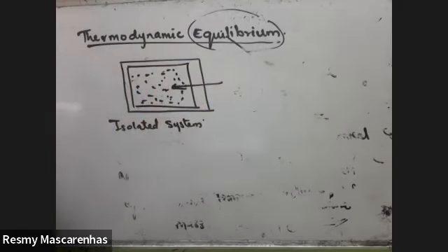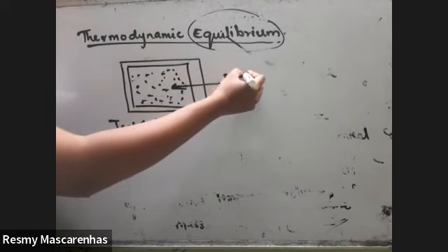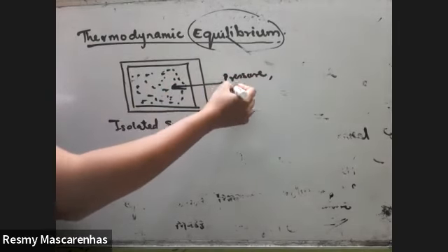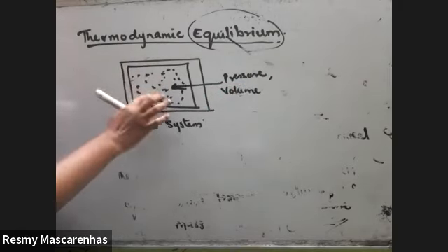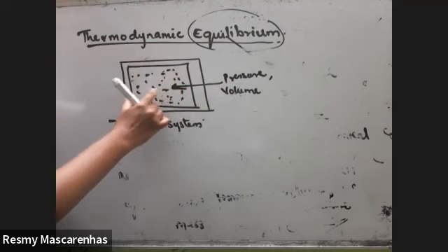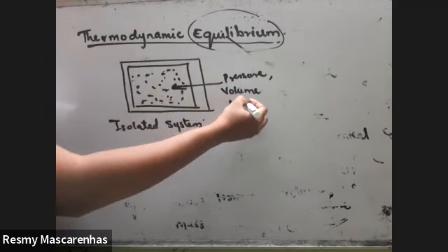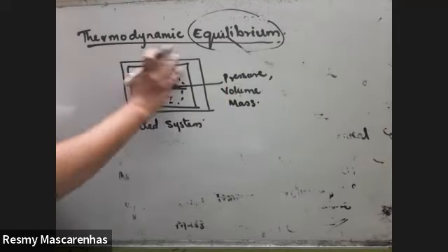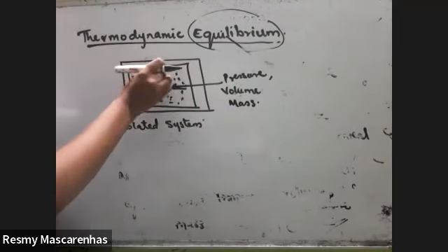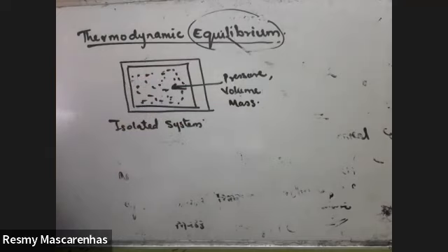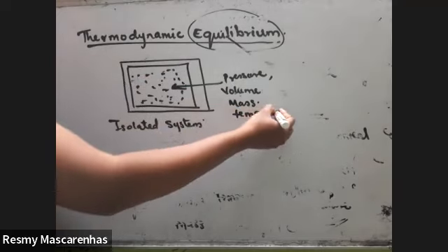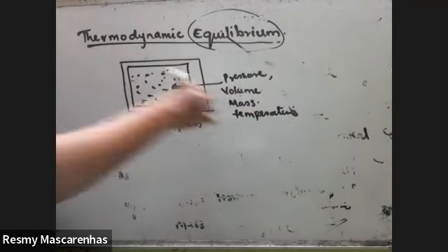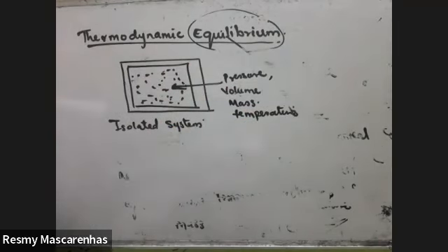It will have all the macroscopic properties: the pressure, and it will have some volume. Because it is closed inside, definitely some pressure will be there. Volume means how much quantity is present, or how much it is spread out to. Mass will be the actual matter, how much is present inside. Then the temperature. So these are the macroscopic variables, or the properties, of that particular substance trapped inside.